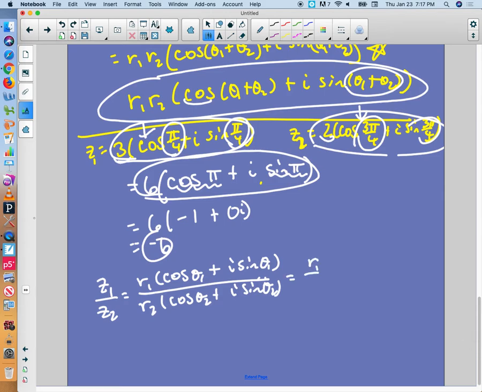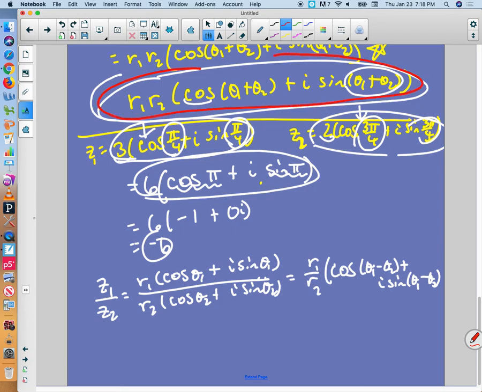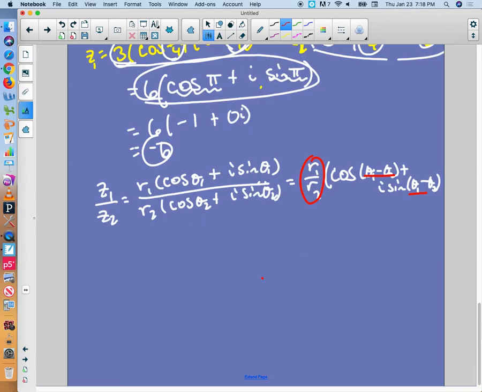You get to divide your radii and then just multiply by cosine of theta 1 minus theta 2 plus i sine of theta 1 minus theta 2. So when you're multiplying, multiply your radii and add your angles. When you're dividing, divide your radii and subtract your angles, like this. An example from the book.